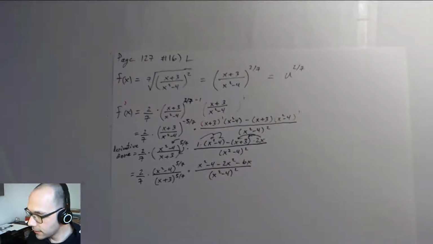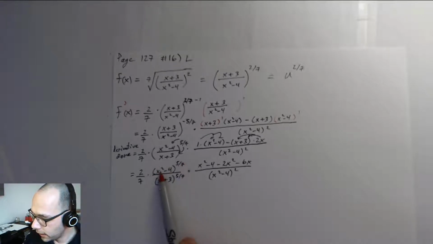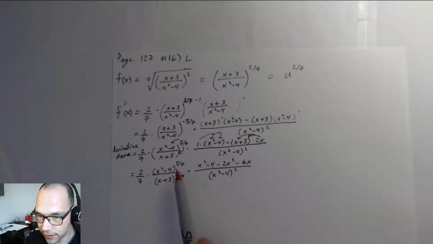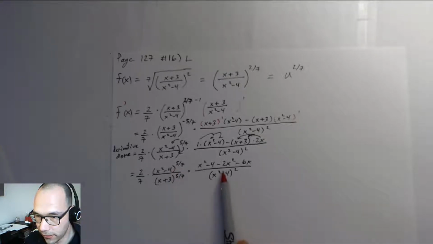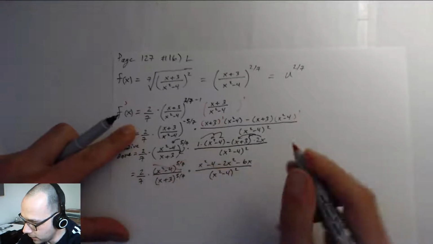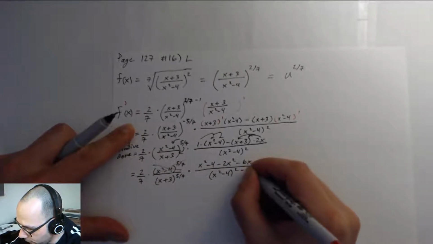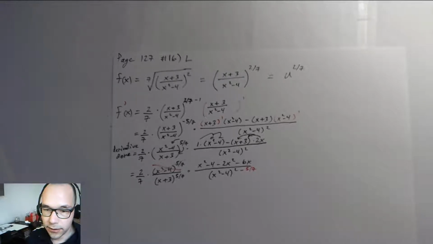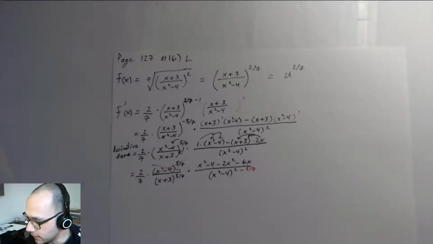Now you can see that this one and this one are the same factor, but this one is on top and this one is at the bottom. Since this one is smaller in exponent, I'm just going to cancel that one right here and subtract 5 over 7 right here. You just have to subtract the exponent of the one that is the smallest.